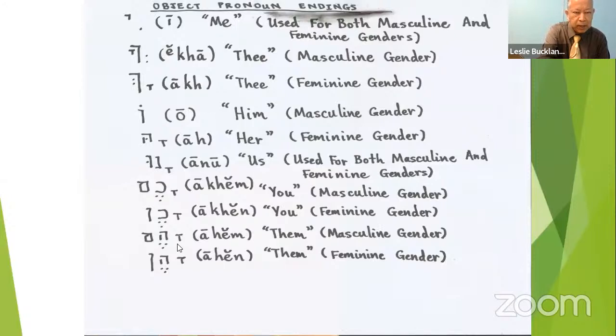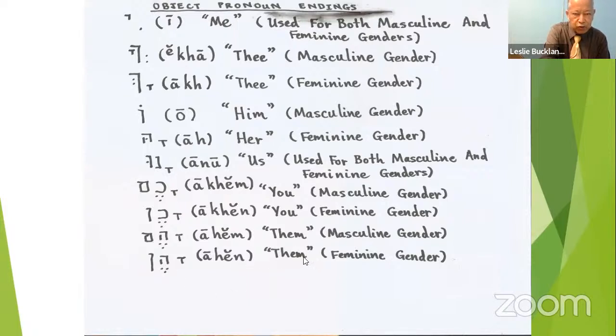Ahem is similar, but it's different in that you don't simply have kames mem, but you have the he and the segol between the two. It's translated as them instead of theirs or their, masculine gender.